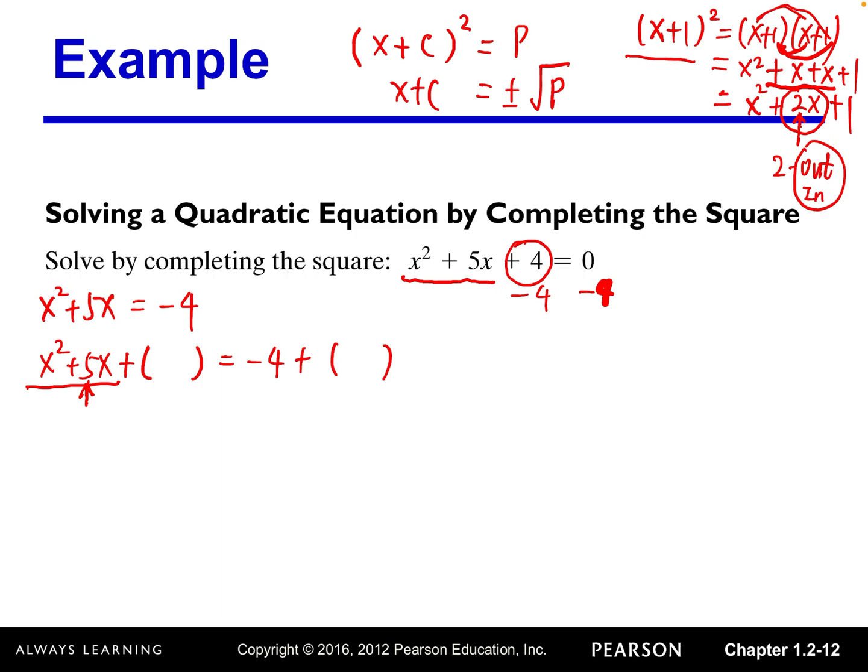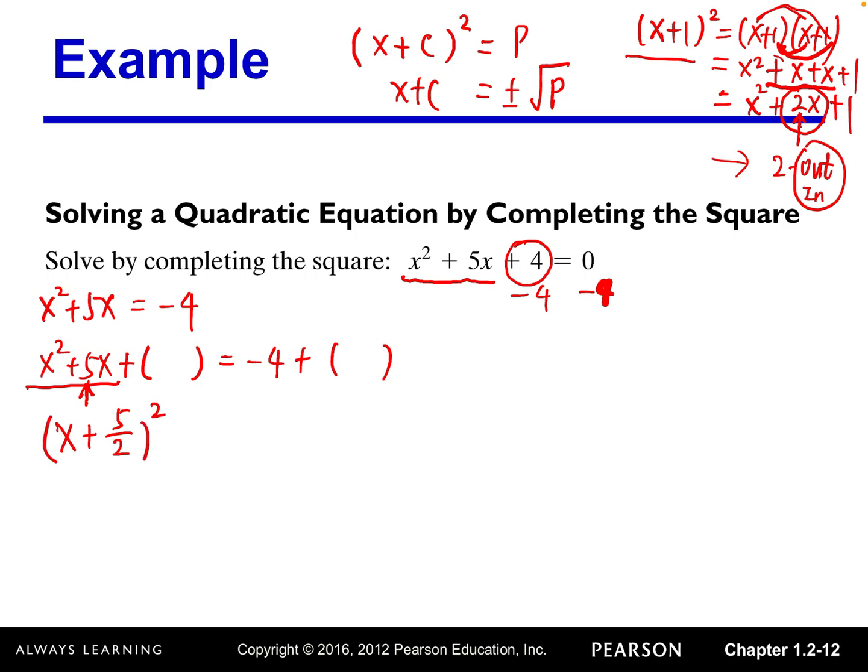The x first power coefficient is 5. We know that's coming from twice the outer or inner term. So can we figure out what the outer term is, or what constant term x is multiplied with? We can figure that out by using 5 divided by 2, isn't it?